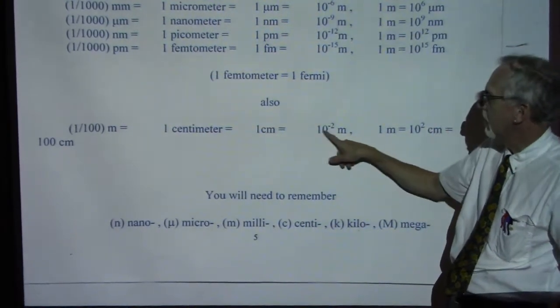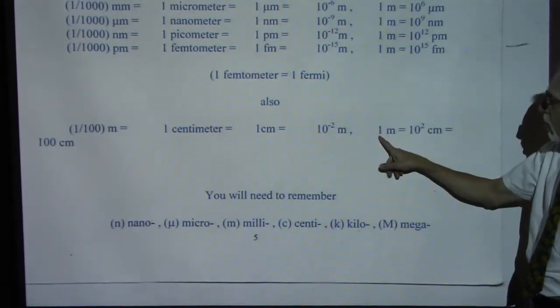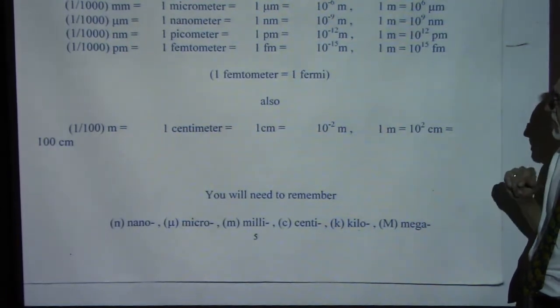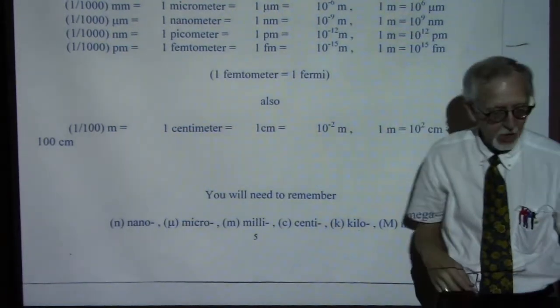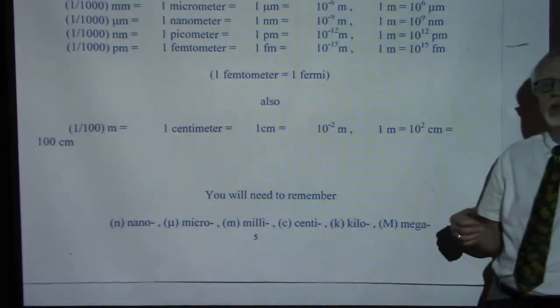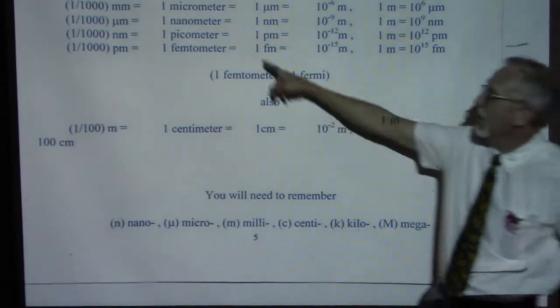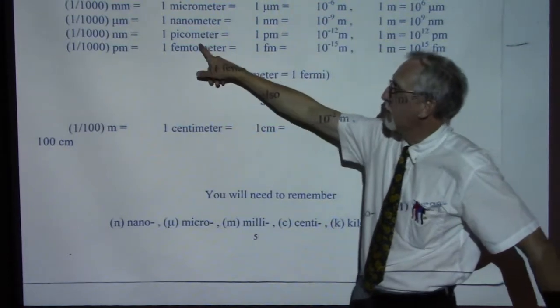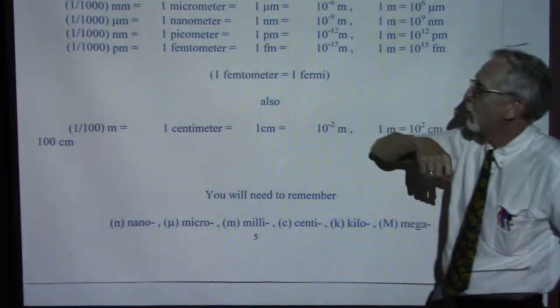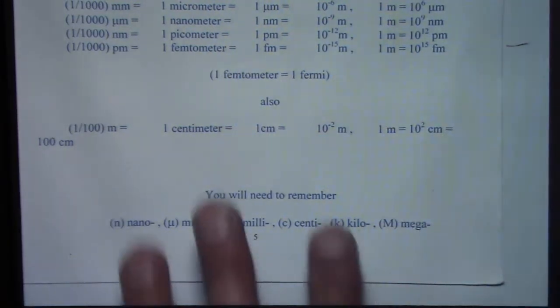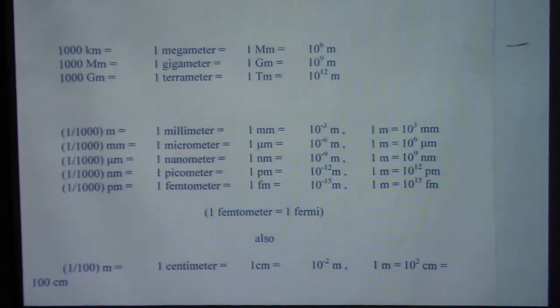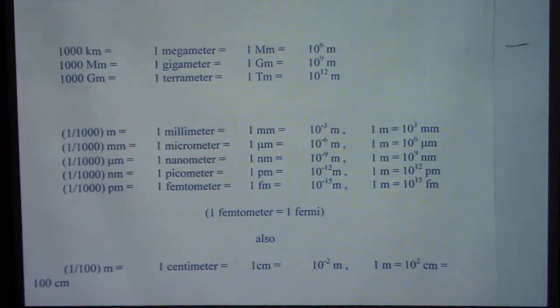So 1 centimeter is 10 to the minus 2 meters, or 1 meter is 10 to the 2 centimeters. And these prefixes can go along with any of our units: seconds, grams, or meters. So we could have a nanosecond, or a picogram, a femtogram, a femtosecond, kilogram, kilometer, any of these prefixes.